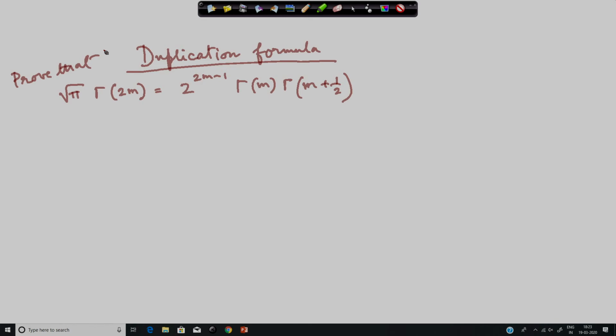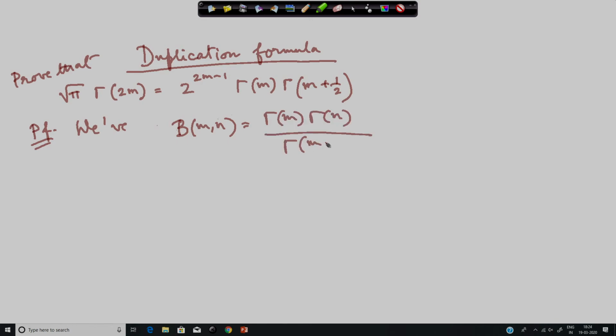Now, proof. We have beta m n equal to gamma m gamma n by gamma m plus n, and we have to use the relation between beta function and gamma function. Call it 1.